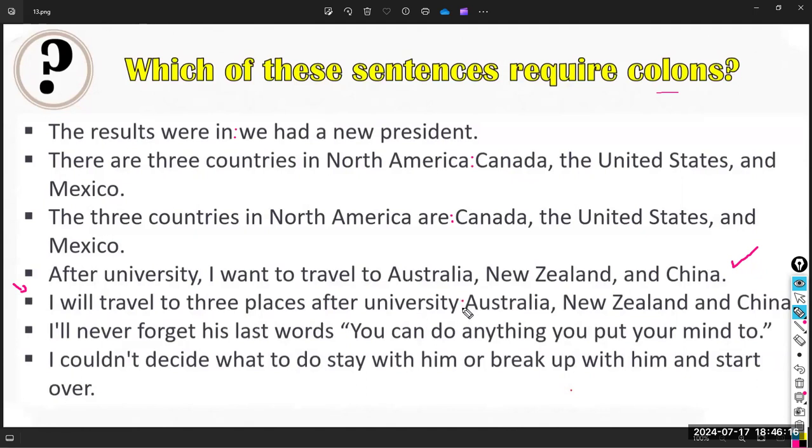So notice that in this sentence, I don't need a colon, exactly, because the sentence is not completed. But in the second one, I want to travel to three countries. What are they? Absolutely. Colon, places after university. Colon, Australia, New Zealand, and China.